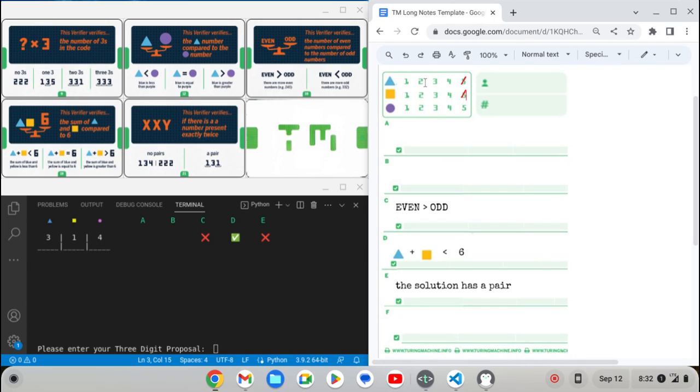So let's see, if there are no 3s, yeah, it could be 2, 2, 5 if there are no 3s. And it could be that circle is larger.